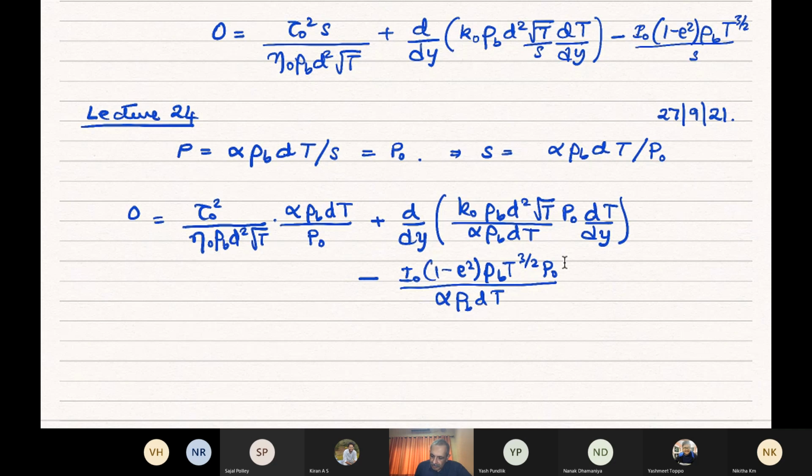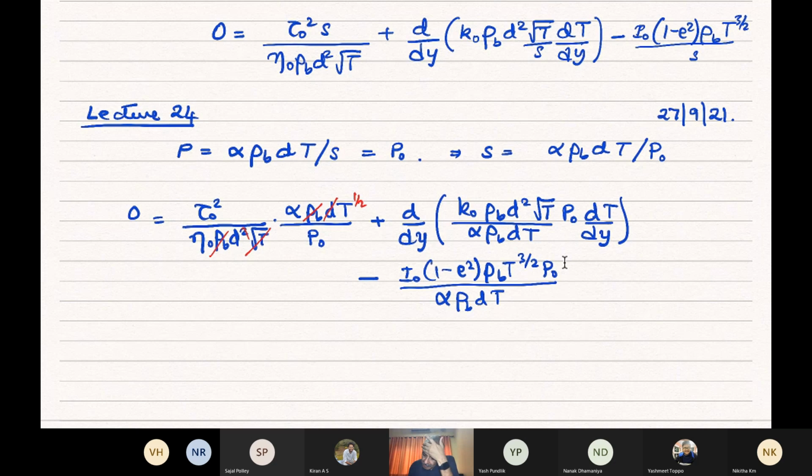Now we can start simplifying. Rho b cancels with rho b. Then d cancels with one of the d's. And if you get rid of this, then this becomes t raised to the power of half.